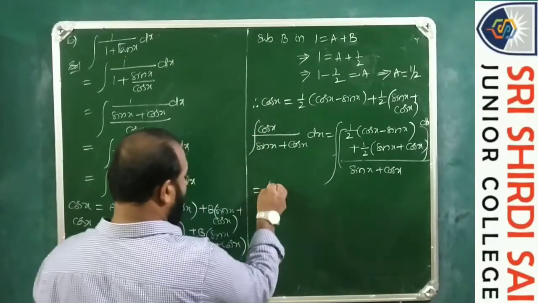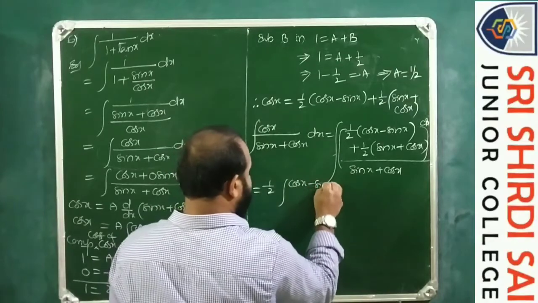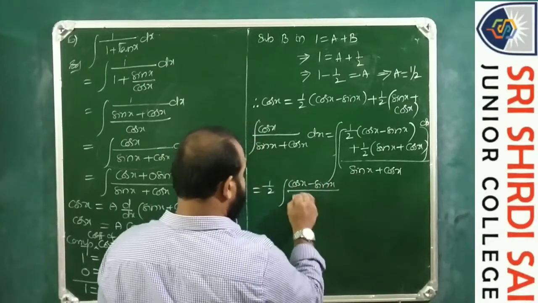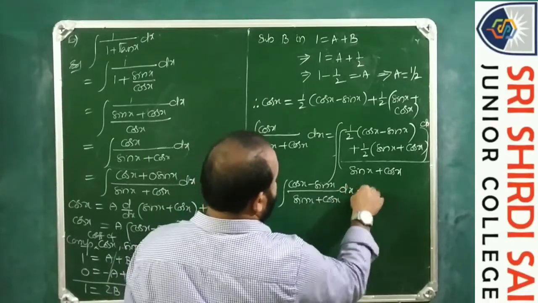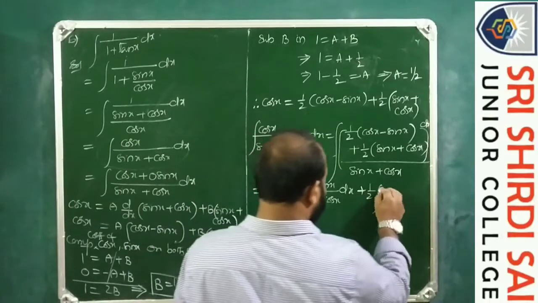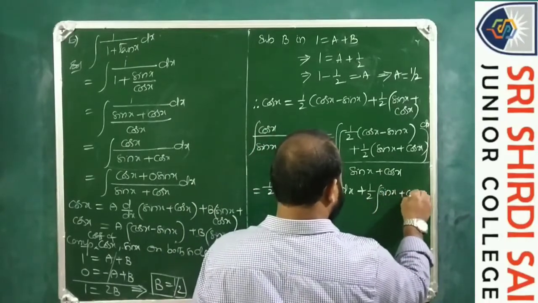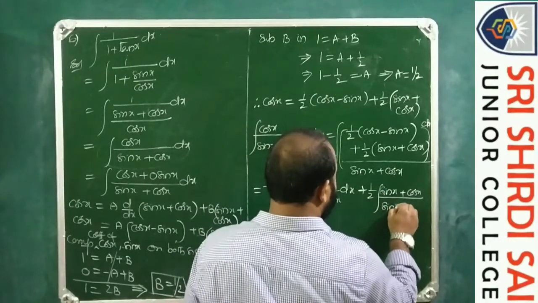So we will get 1 by 2 integral cos x minus sin x by sin x plus cos x dx plus 1 by 2 integral sin x plus cos x by sin x plus cos x.